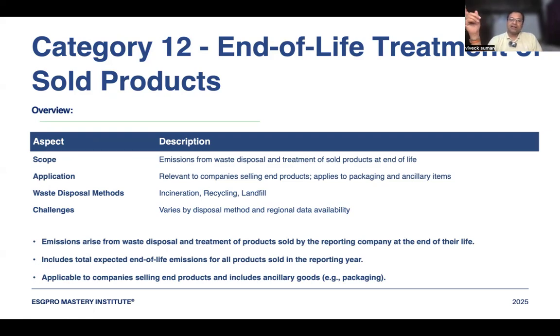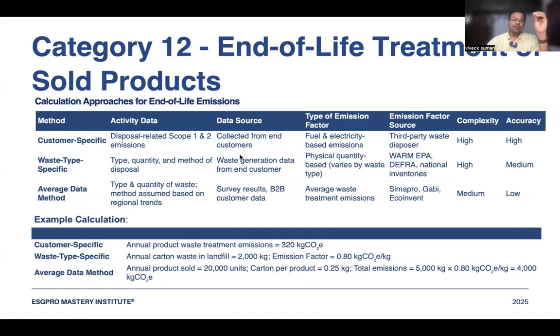That is what happens under the disposal mechanism, and these disposal numbers vary based on regional data. Emission arises from waste disposal, that is, how the waste has been disposed and what kind of treatment the product sold by the reporting company has received after the end of the useful life.